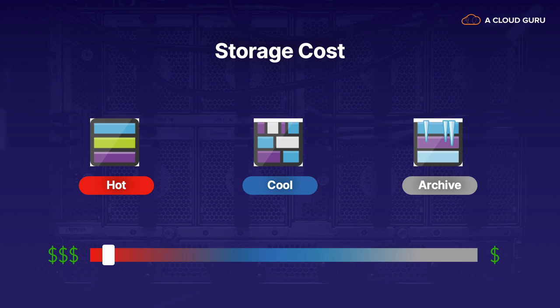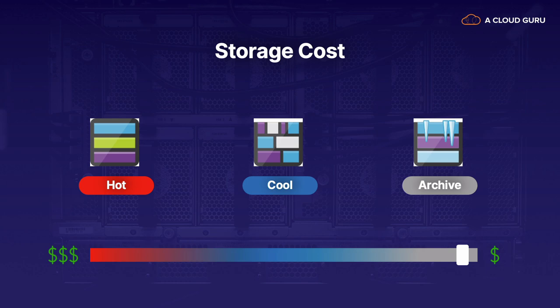The price you're paying for the hot storage, the hot data, is going to be more than cool or archive because it needs to be so readily available. So if you don't need the storage to be readily available, you can always choose a cool or an archive, depending on the type of data and when you need to access it.